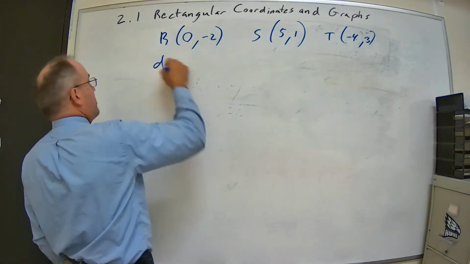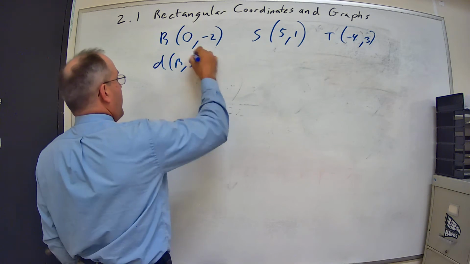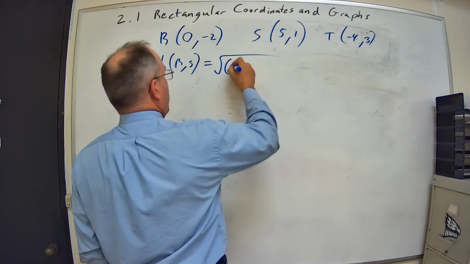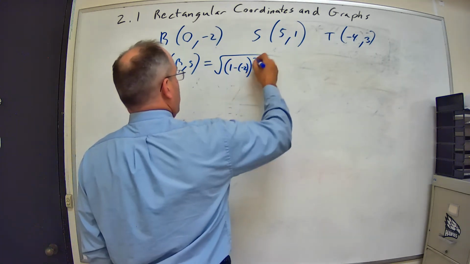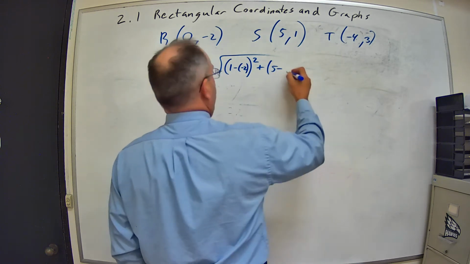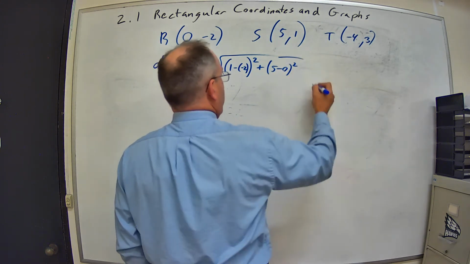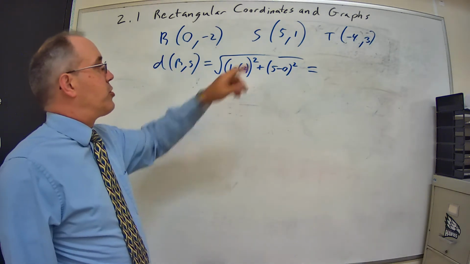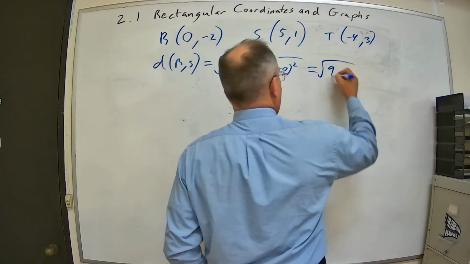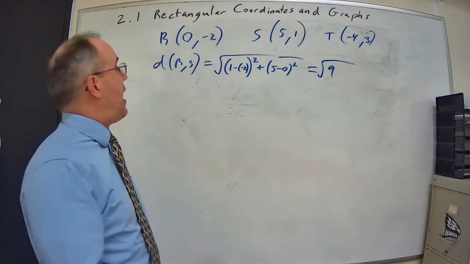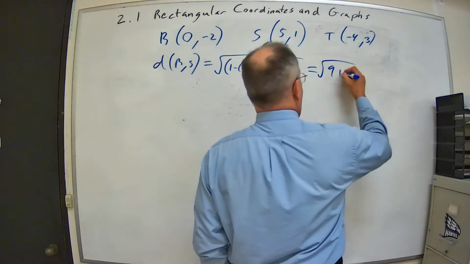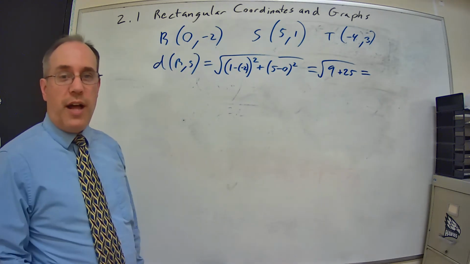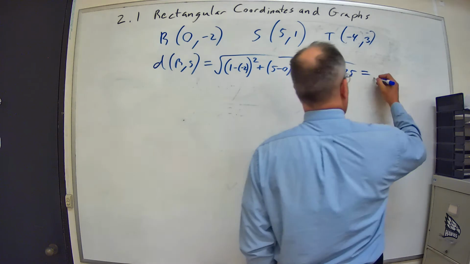So for R and S, the distance between R and S is equal to the square root of 1 minus -2 squared plus 5 minus 0 squared. 1 minus -2 is 1 plus 2 or 3. 3 squared is 9. 5 minus 0 is obviously 5. Squared is 25. 9 plus 25 is 34, so the square root of 34.